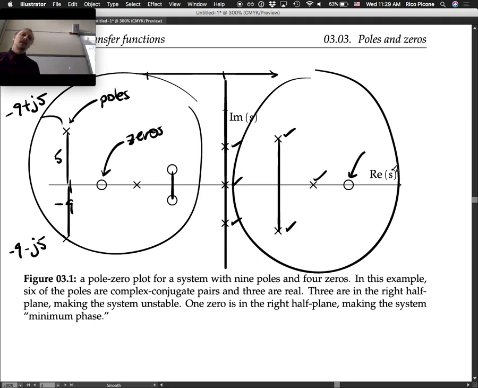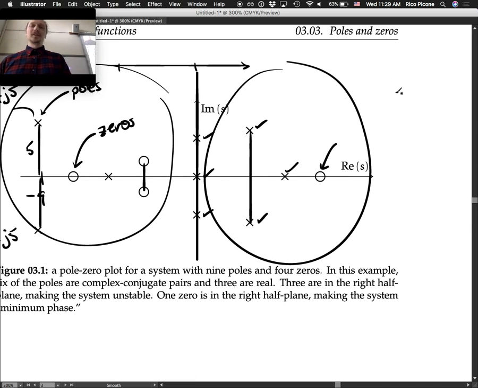These systems are notoriously difficult to control. They're called, and I do call it here, non-minimum phase, and it's a topic that you talk about in a more advanced dynamic systems or controls course. Non-minimum phase systems do funny things. For instance, the step response of a non-minimum phase system, just as a little aside, say you put in a step input.